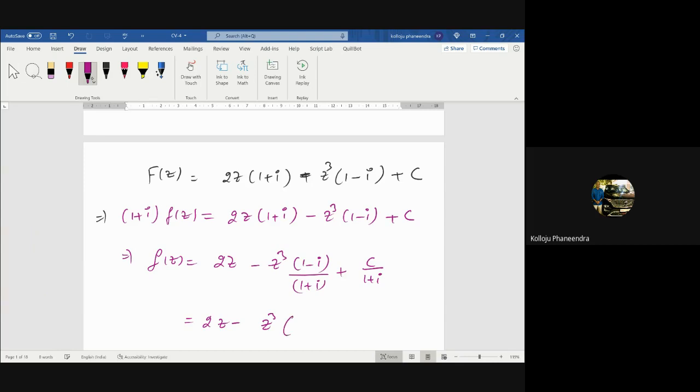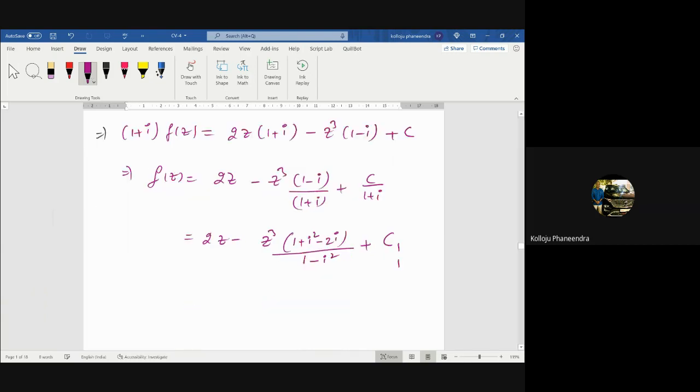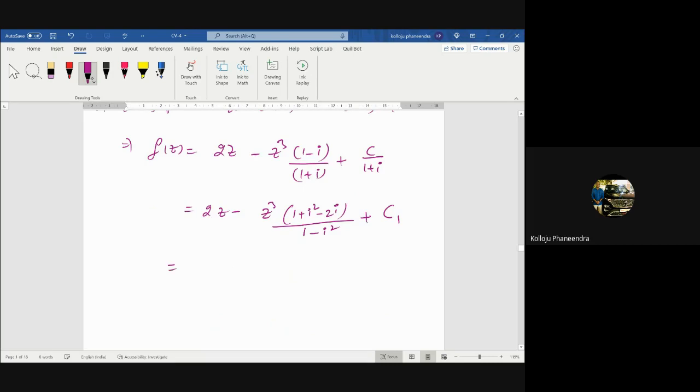If I rationalize this, 1 minus i whole square over (1 plus i)(1 minus i), that is a minus b into a plus b, 1 minus i square, plus some new constant c1, complex constant, that's it. So these two get cancelled: minus z cube times minus 2i by 2, plus c1.